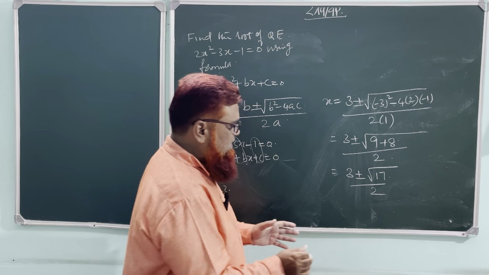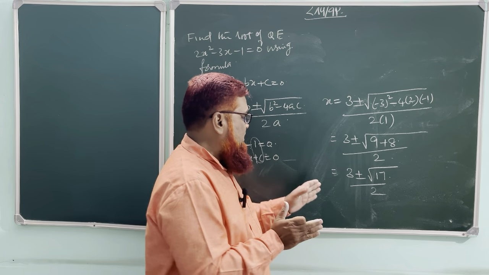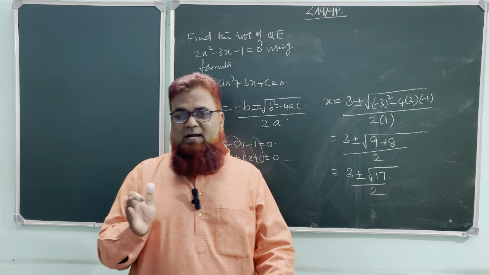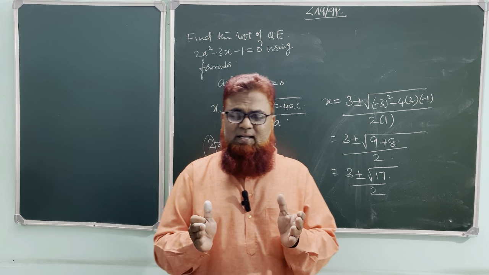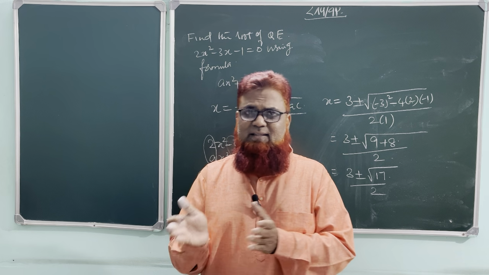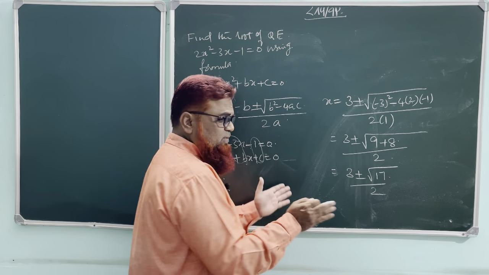Now the roots are expressed as x is equal to 3 plus or minus square root 17 by 2. Because a quadratic equation has two roots, one is a plus, another is a minus, a positive as well as a negative. How do we split it?